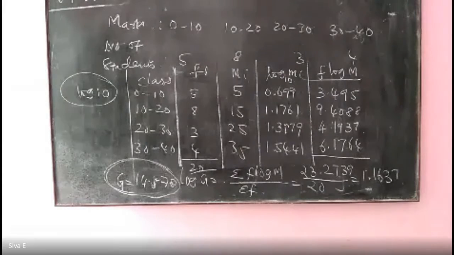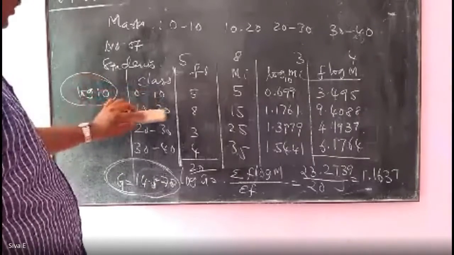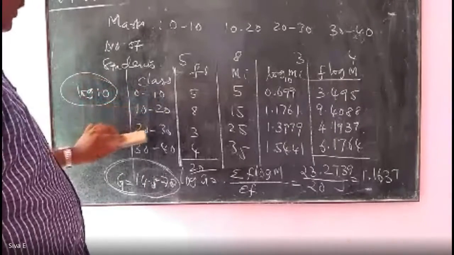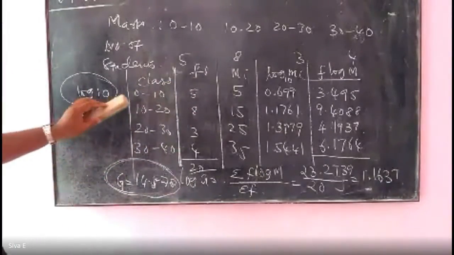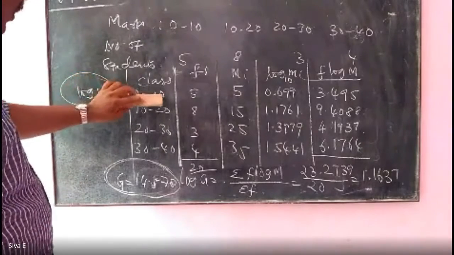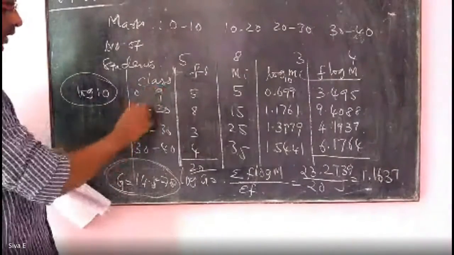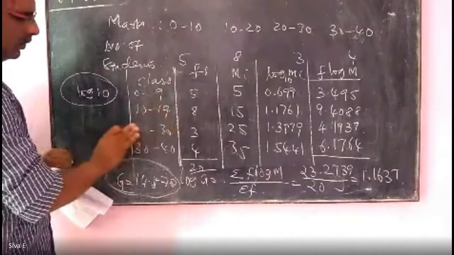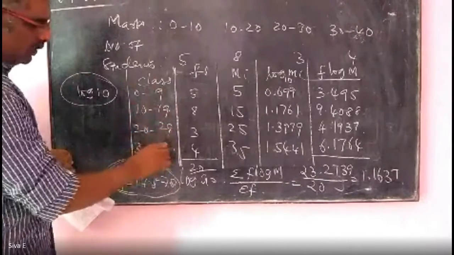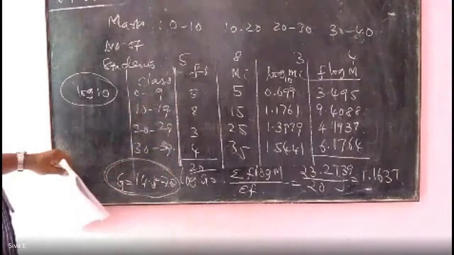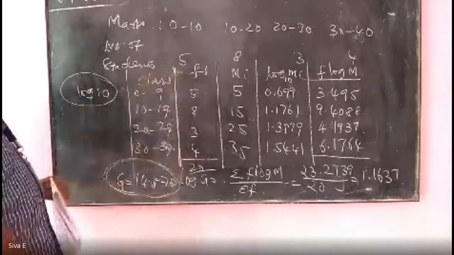For example, if 0 to 9, 10 to 19, 20 to 29, 30 to 39 is given, it is inclusive type data, and you have to change it into exclusive type data.